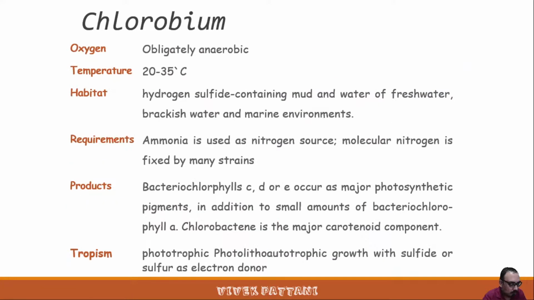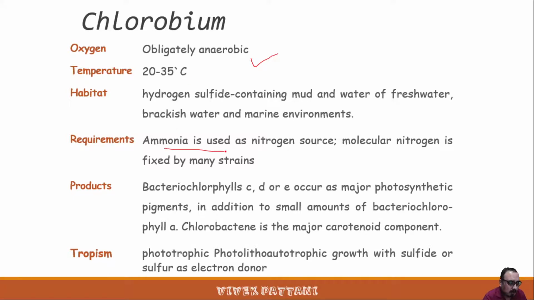Now, towards the oxygen requirement of Chlorobium, they are obligately anaerobic, with a temperature range of 20 to 25 degrees Celsius, and live in hydrogen sulfide containing mud and water of fresh water, brackish water and even marine environments.